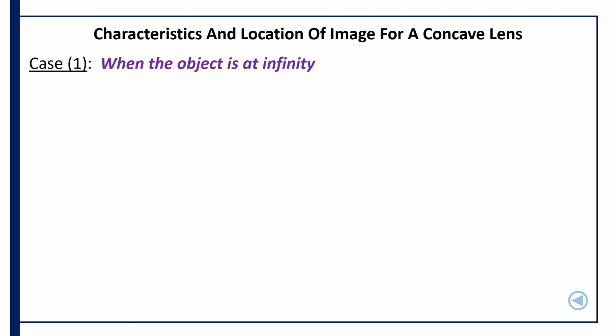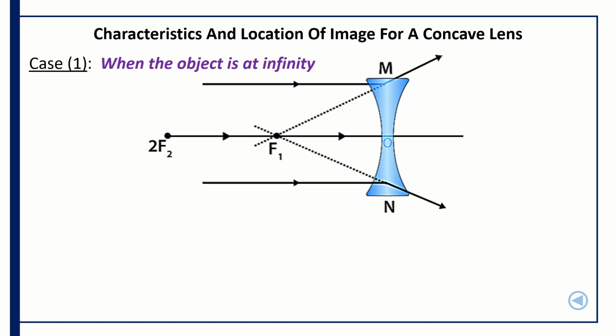Here let's try to understand this. When the object is at infinity, the first case that we took in convex, there also we took the object at infinity. So what happens if I keep an object at infinity? Parallel rays of light are falling on the lens.